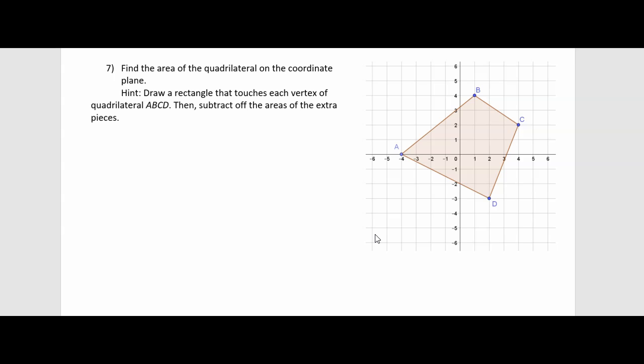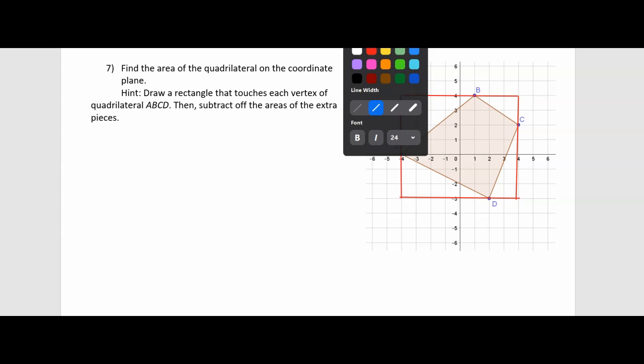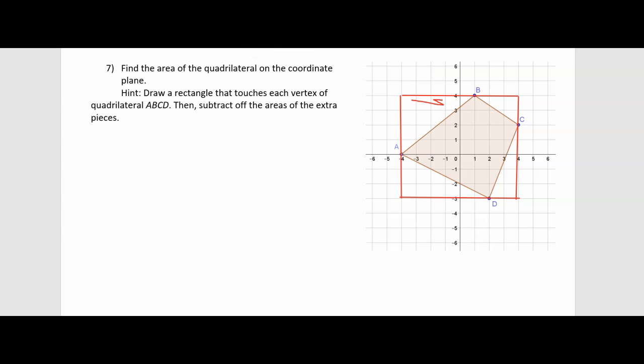Okay, so if I draw a rectangle around this figure, I'm going to get something that looks like this. So now we've just turned it into a problem like we had up above, right? Now we just need to figure out the areas of these shaded regions and subtract them from the whole rectangle to figure out the area of that orange shaded region.